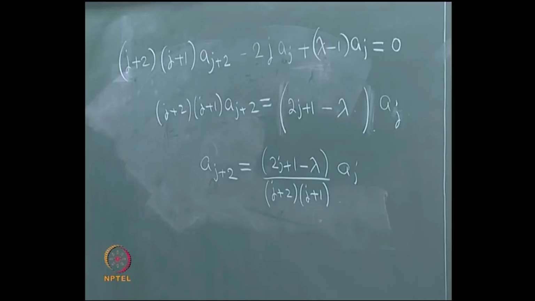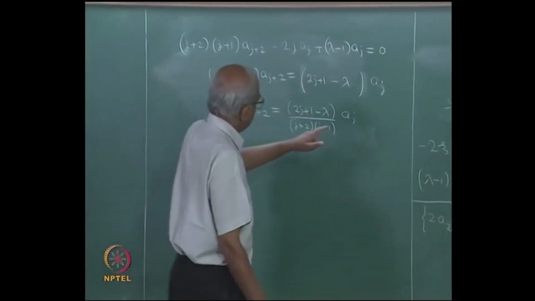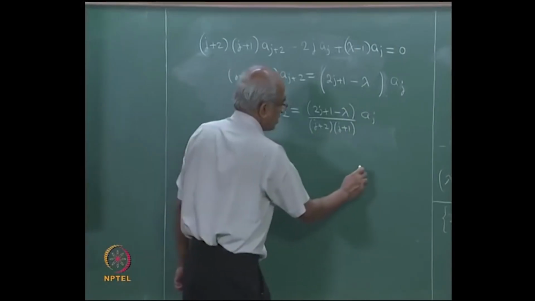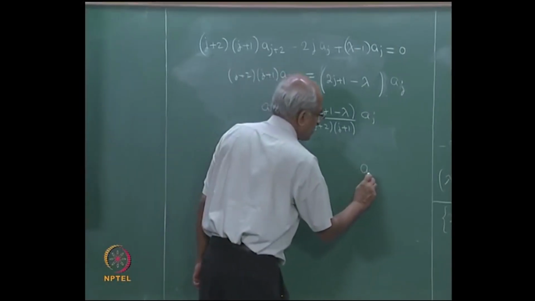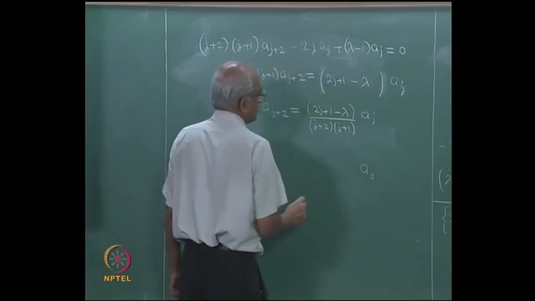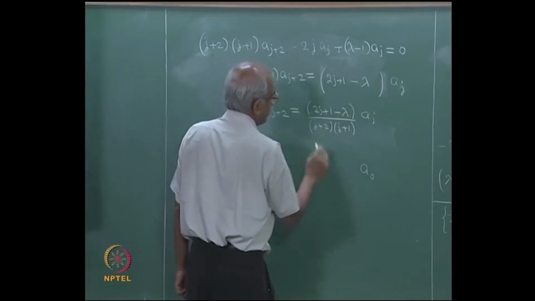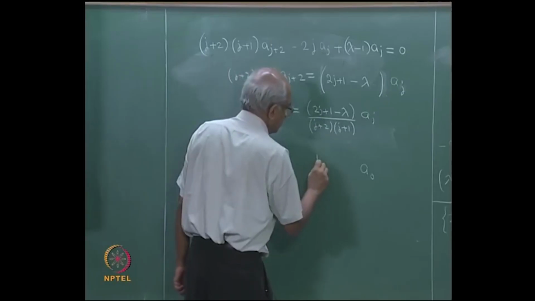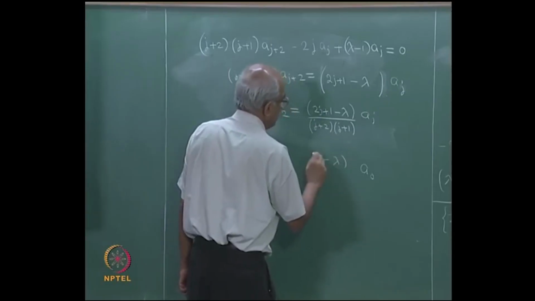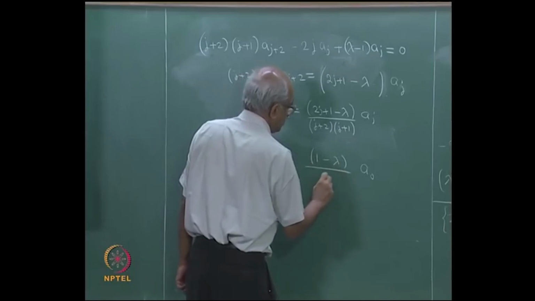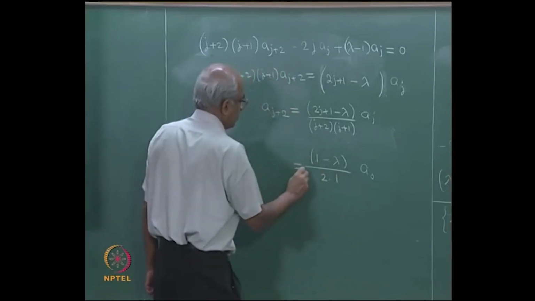Now, look at this condition, it is quite interesting, because suppose I put j equal to 0, what will I get? Let me just illustrate what happens. If I put j is equal to 0, 2j will be 0. So, (1 - lambda) divided by 2 into 1 should be equal to a2.